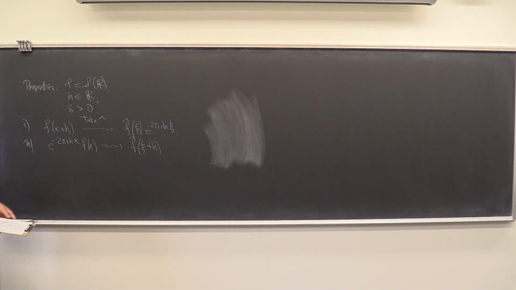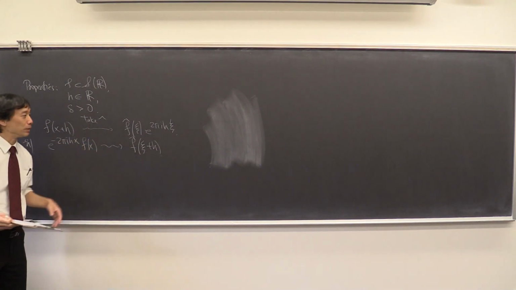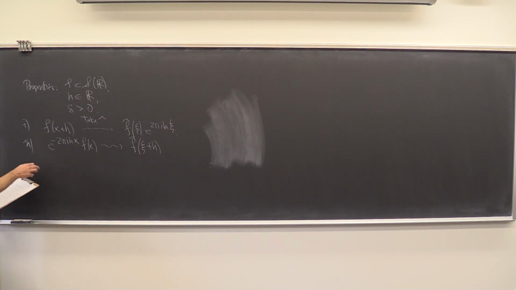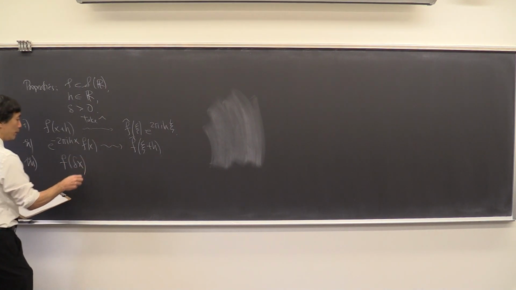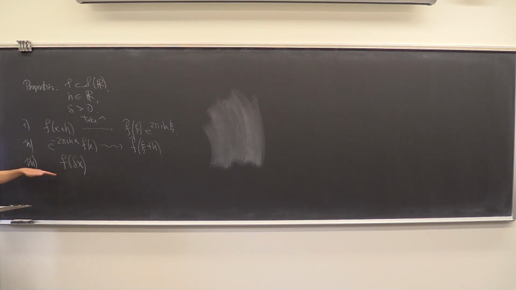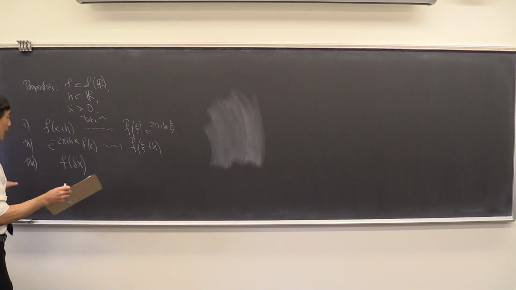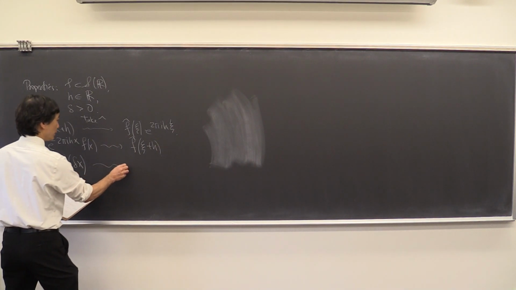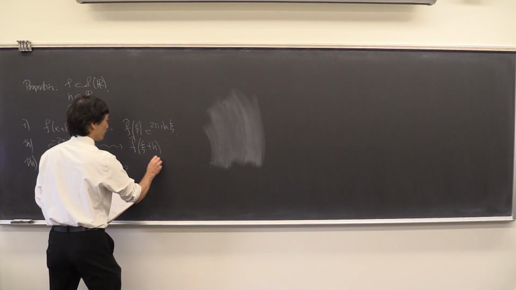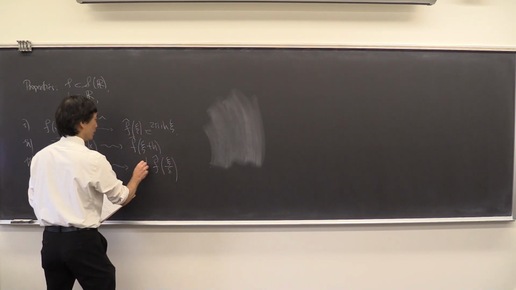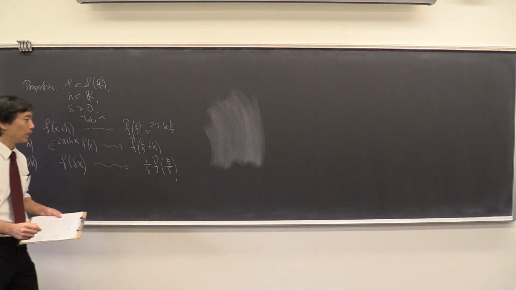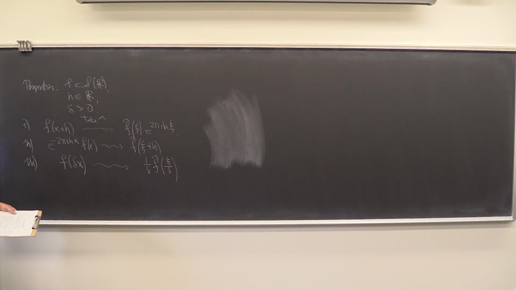So if you modulate your function in the opposite direction, then take its Fourier transform, that turns into translation. These are pretty straightforward. The third one was that if you scale the time axis, then what that turns into is what's called dilation. So you get 1 over delta times f hat of xi over delta.